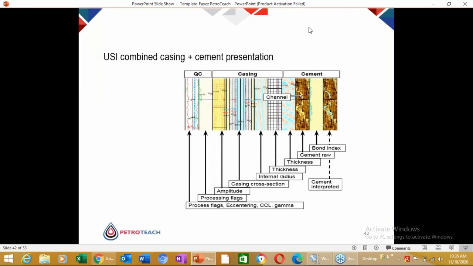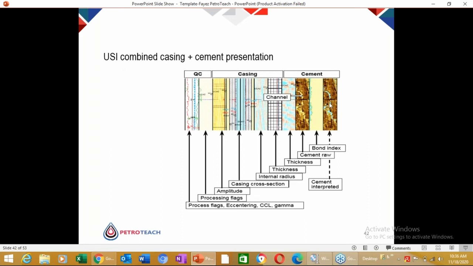This is another point. We can evaluate the cement, and also know any problem in the casing regarding corrosion, or even if there is a problem like splitting or holes in the casing, when we run this tool, which is an ultrasonic tool.